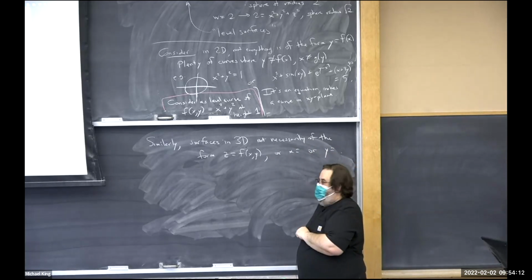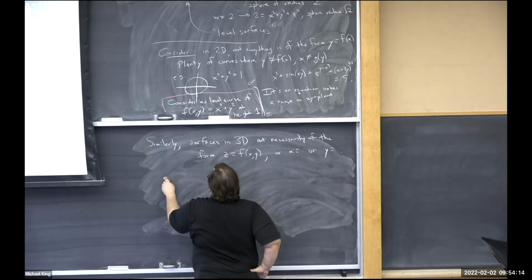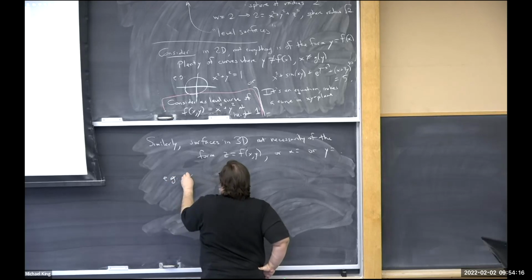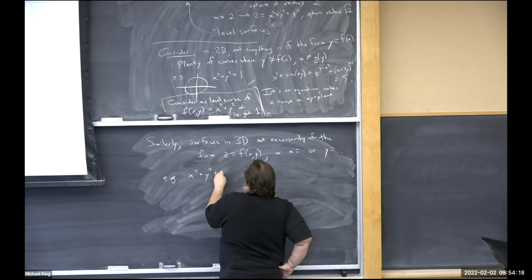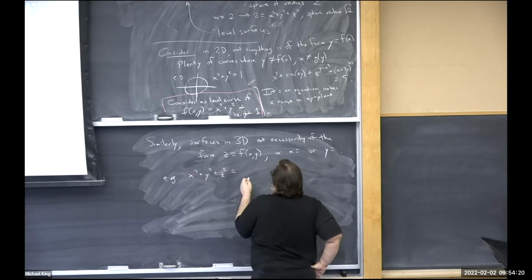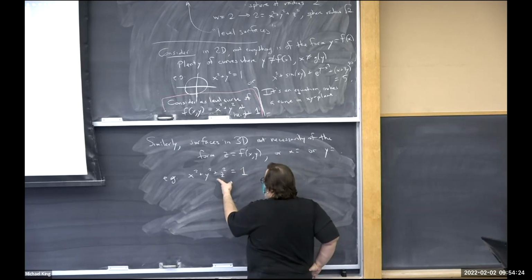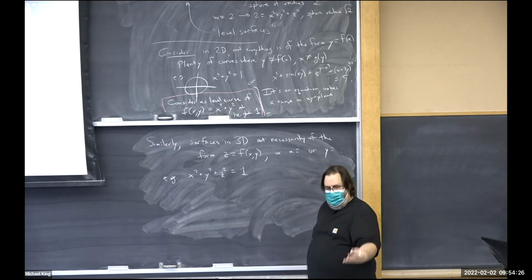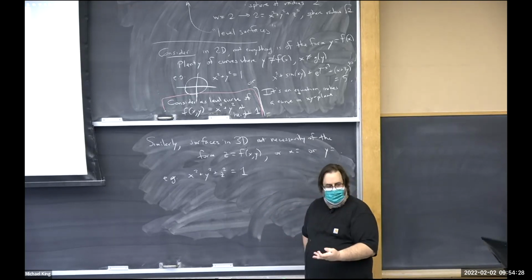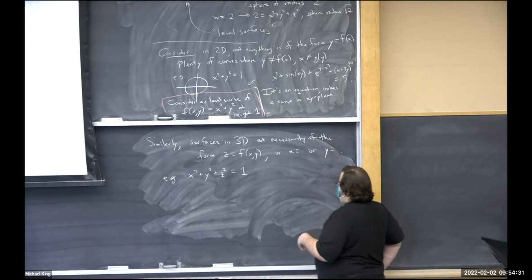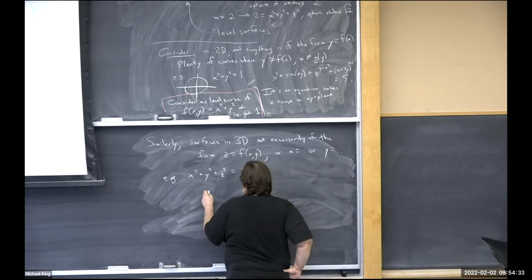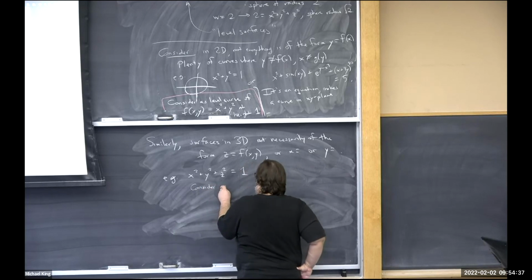For example, x squared plus y squared plus z squared equals 1. Again, you could solve for z and get the top half and the bottom half of the sphere as a plus square root and a minus square root, but it's going to be better to consider it as the level surface of a function of 3 variables.